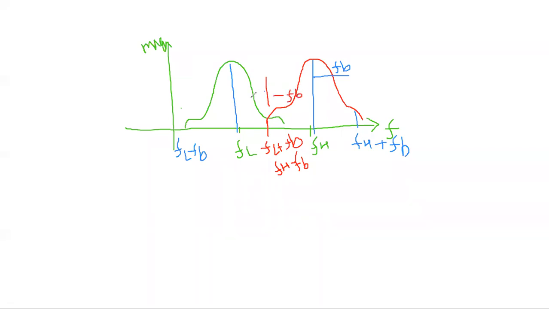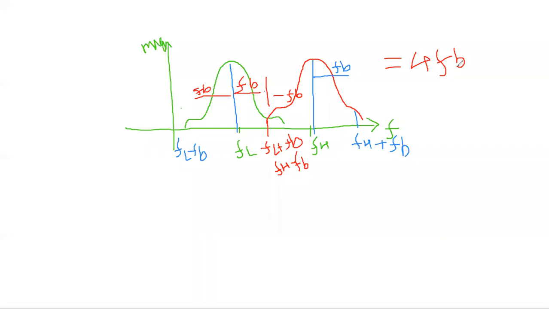The component from here to here, the lower frequency component, is again FB, and from here it is again FB. If you add all these frequency components, there are 4 components in terms of bit frequency. So the total bandwidth required for BFSK is 4 FB, that is 4 times the bit frequency.